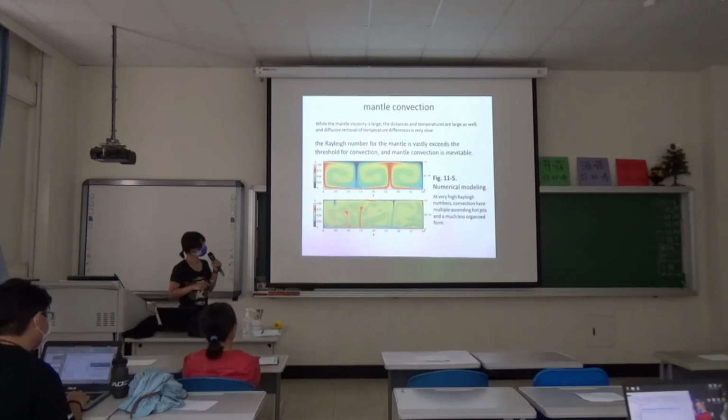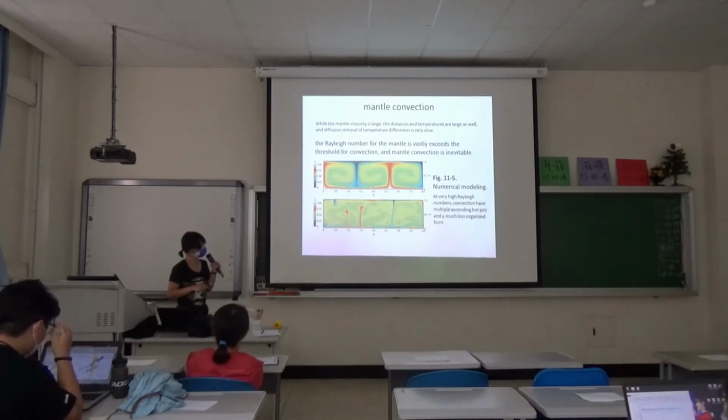In this rough diagram, I think it is the ideal diagram of mantle convection, and in this diagram is maybe how mantle convection looks in real life. While the Rayleigh number becomes bigger, the convection becomes much less organized.